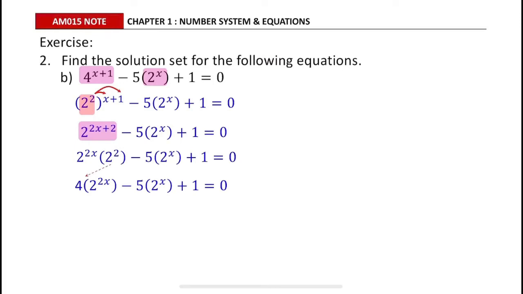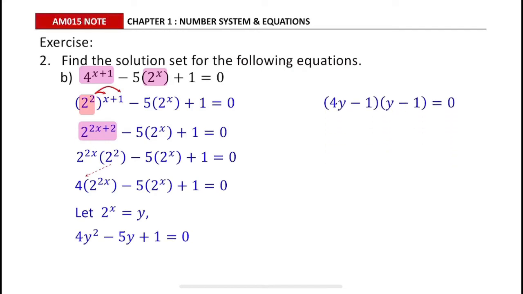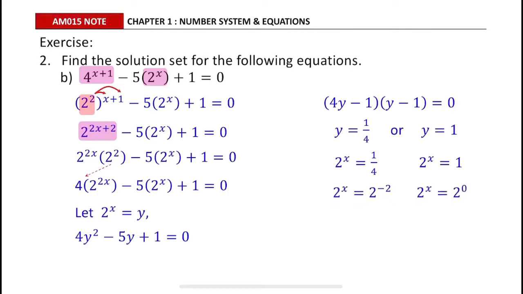Now, let 2 to the power of x equal y and we get a quadratic equation in terms of y. Factorize this equation and we get the values for y. Then, change y back to 2 to the power of x. And solve for x, where we have to change 1 over 4 and 1 to index form with base 2, and we get the answer. But the final answer must be in solution set.